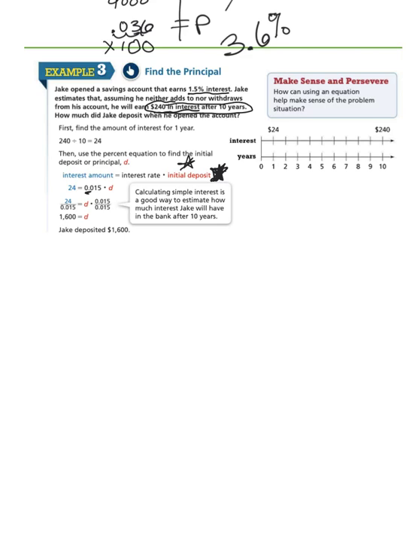So you have to divide 240 by 10 to figure out 1 year. Then you're going to use that number here in blue, which is 24. Then set up and solve the equation. Opposite of multiplication is division, so you divide by 0.015. So you find out that Jake deposited a total of $1,600 in his account originally when he took out the loan.